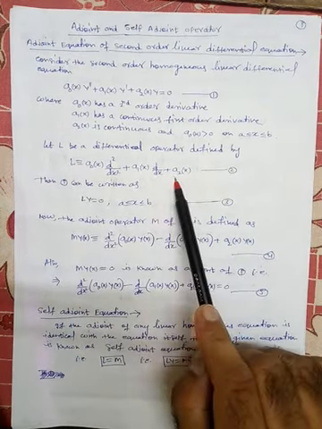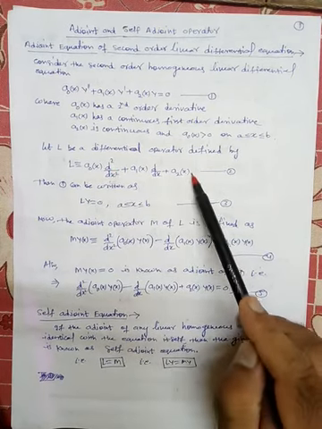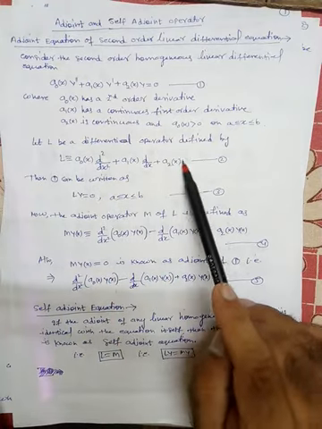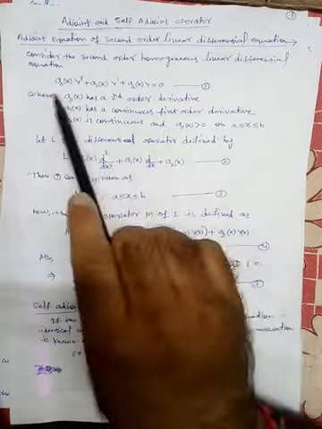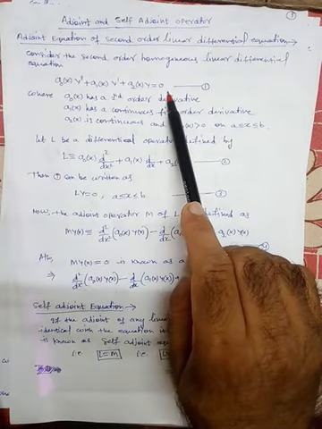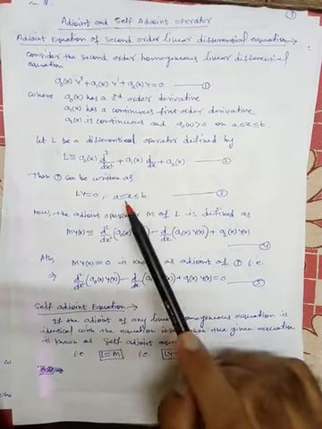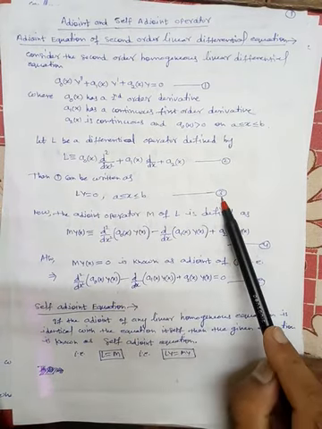Here we have not written y, but when you operate this operator on y, y will come in each term, and then we will get the same result as in equation number 1. That's why this is Ly is equal to 0, where x is from a to b. So this is the third equation.